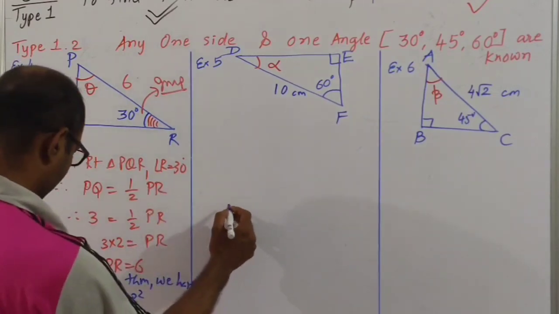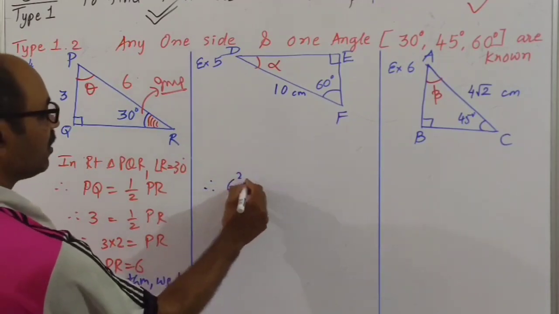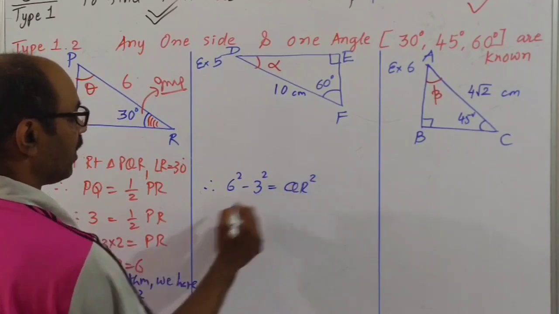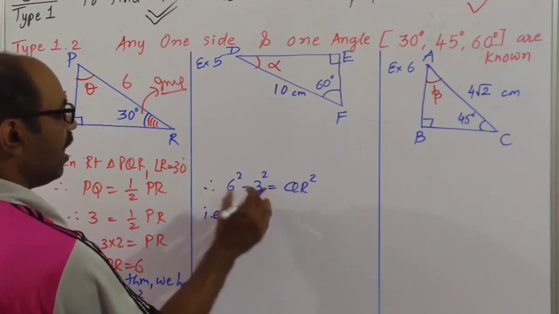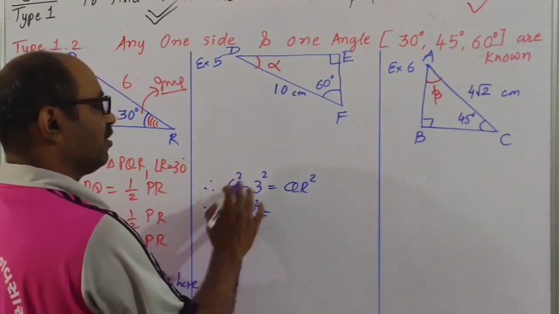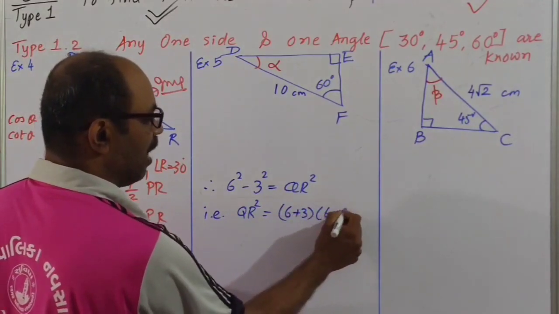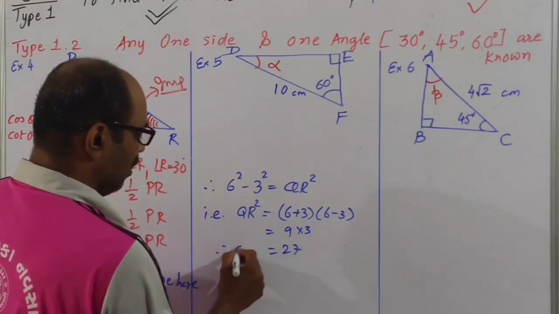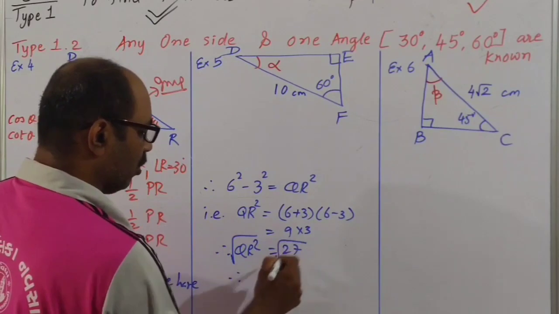I'll continue here and then erase. So a square minus b square you can get. Therefore, 6 square minus 3 square is equal to QR square. I.e. the right hand side I am writing on the left hand side, and the left hand side I am going to write on the right hand side. But instead of 6 square minus 3 square, 6 plus 3 into 6 minus 3. So that is 9 into 3. That is 27. Therefore, QR square is equal to 27. So taking square root on both sides.